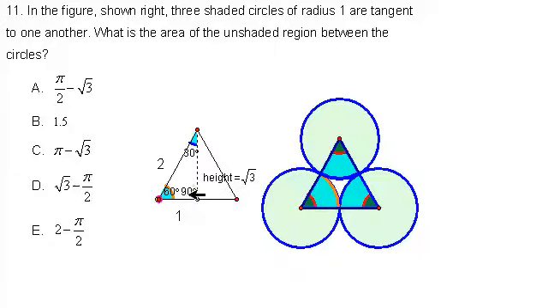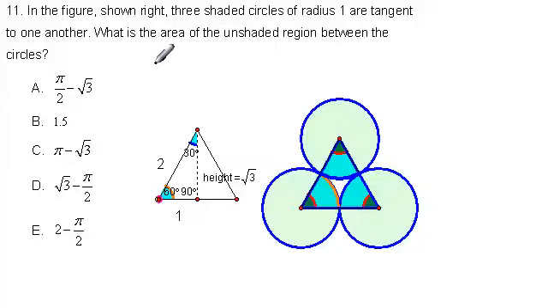Obviously this is a 30, 60, 90 degree triangle, and if one leg of this special right triangle is 1 and the hypotenuse is 2, then the other leg, which is also the height of this equilateral triangle, is going to be square root 3, because the 30, 60, 90 degree special triangle has sides in the ratio 1, square root 3, and 2.